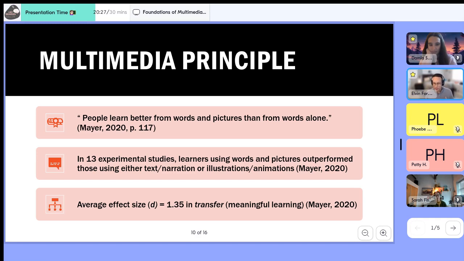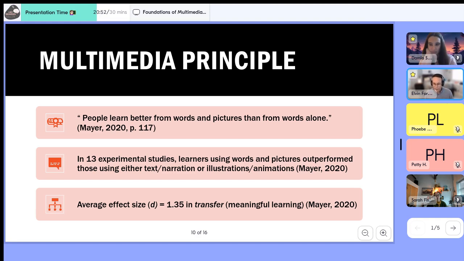How do we know that? There are 13 experimental studies. There's more than 13, it's just these are the 13 Mayer chose, where learners using words and pictures outperformed other experimental conditions that either had text or narrations. And the effect size is like 1.35, which is humongous. In research circles, low is 0.2 and large is 0.8. I've never seen anything over 1.